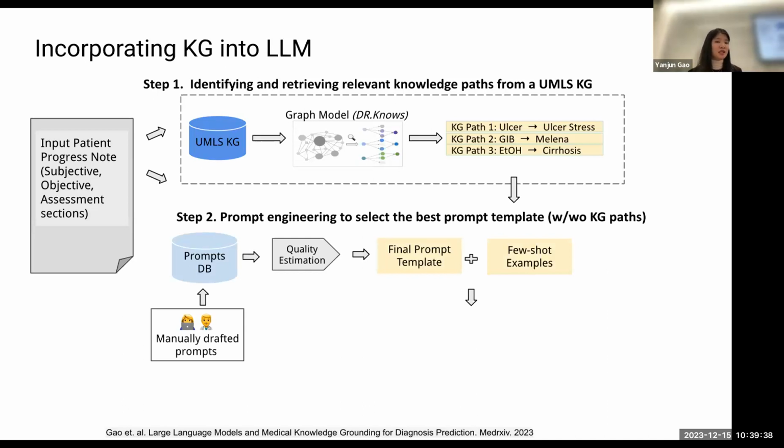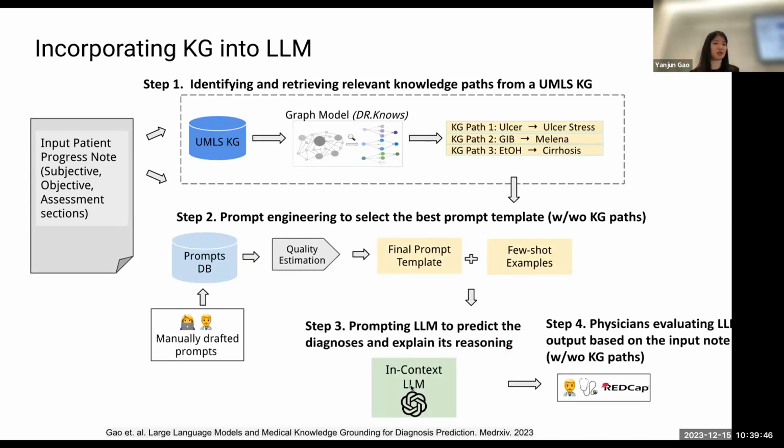Finally, we select the final prompt template that incorporates the knowledge path, along with some few-shot examples. The third step is we use these few-shot examples and the final prompt template to prompt the LLM to predict the diagnosis based on the input progress note and also explain its reasoning.